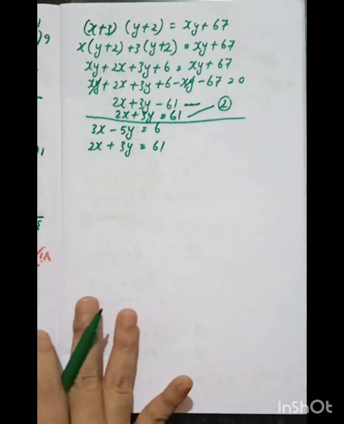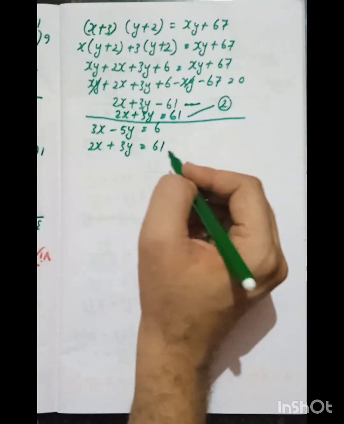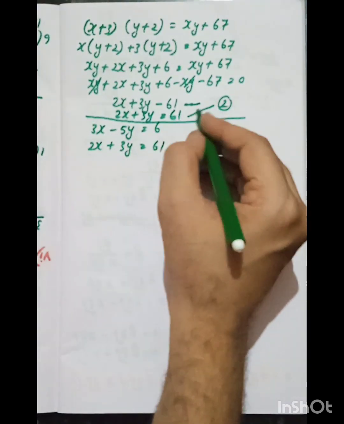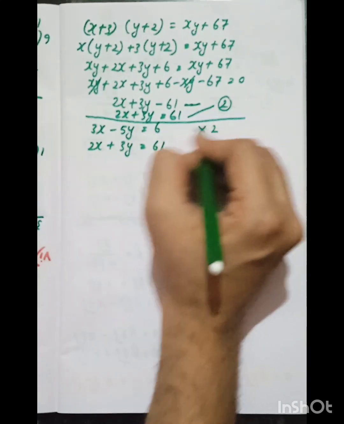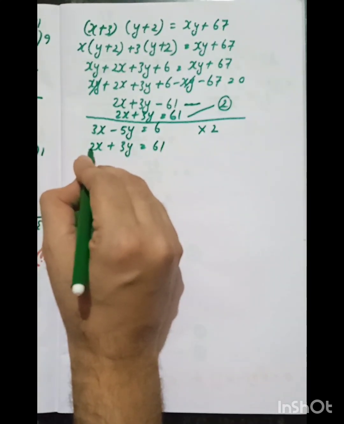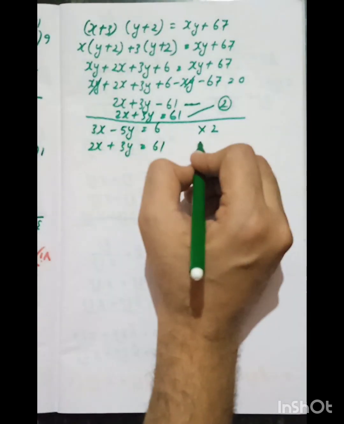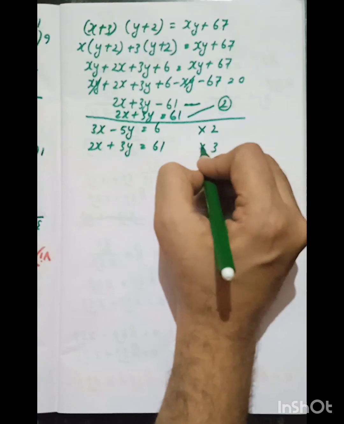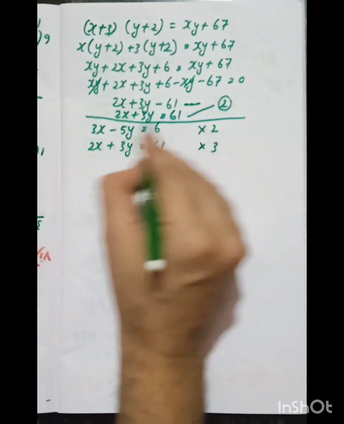Now if we check the first equation and second equation, there is no possibility of any cancellation here. So let's do cross multiplication: the second equation's first number to the first equation, and the first number of the first equation to the second equation. So this 2 here and this 3 here.